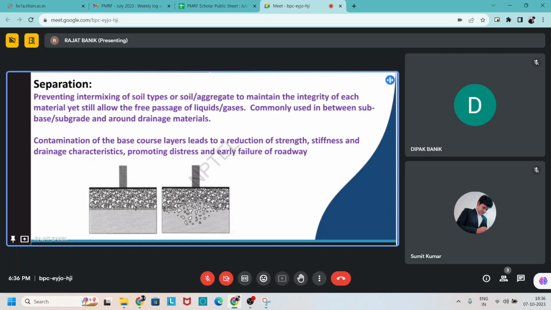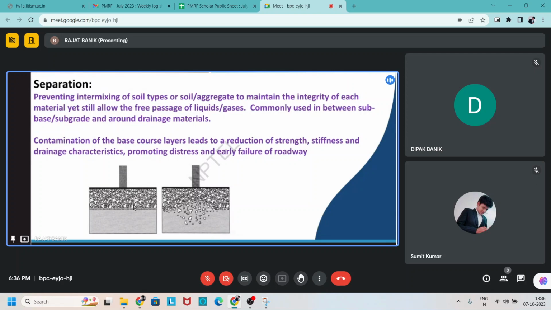So actually, we can use this geosynthetic material as a separator to separate coarse grained and fine grained soil, and it can also allow free passage of methane gas.